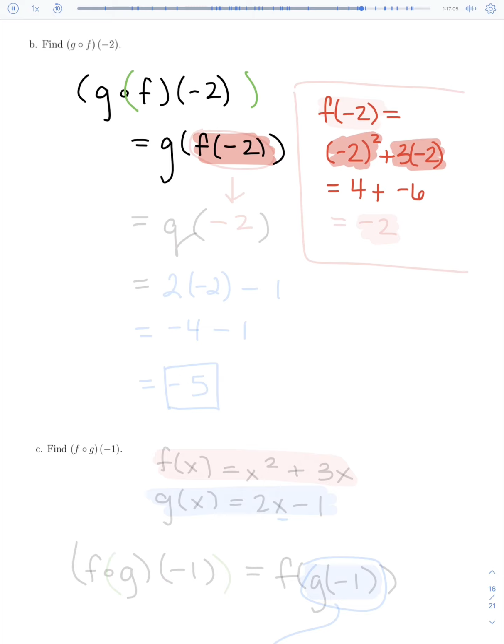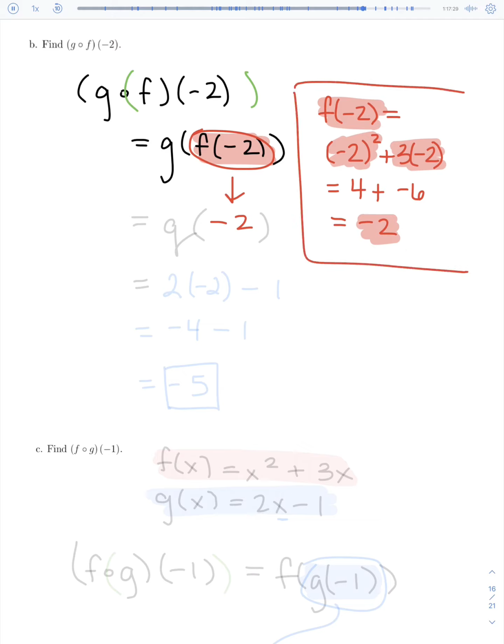And then we can do our final step, which is our addition, which is that 4 plus negative 6 is negative 2. Again, we got something unique, that when you plug in negative 2, we also got out the same answer, negative 2. So that means f of negative 2 is negative 2. That is not entirely normal, but that's what happened here.